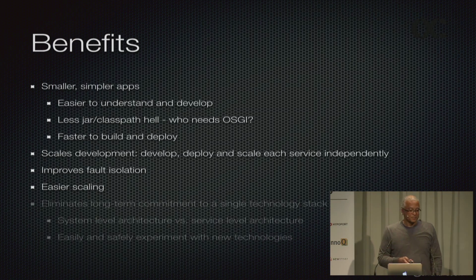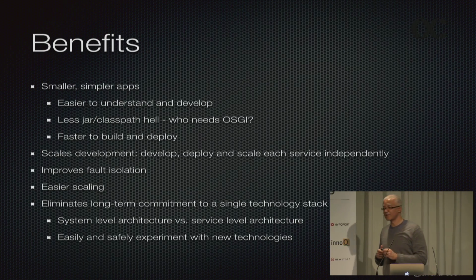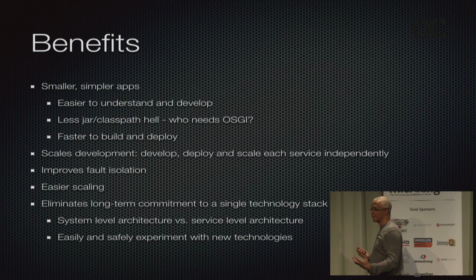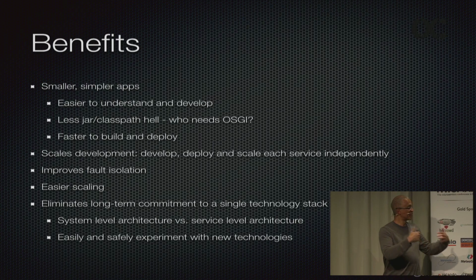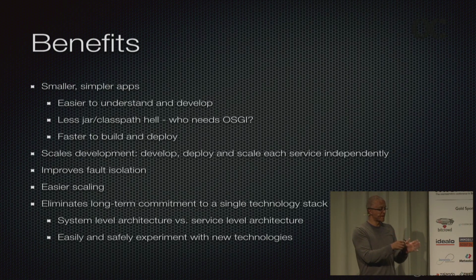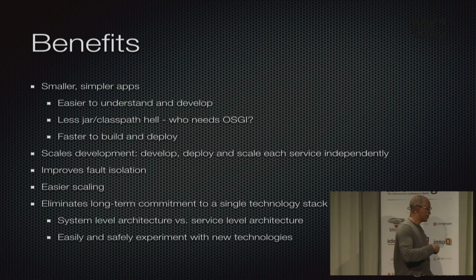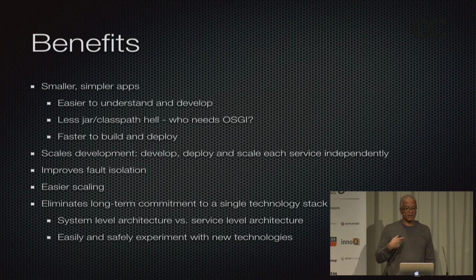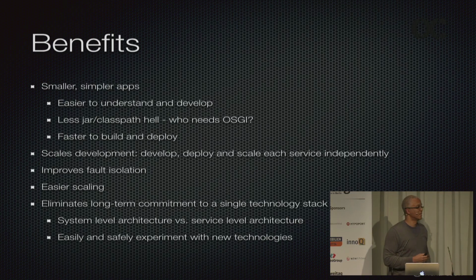Scaling is easier. Then it also eliminates any long-term commitment to a single technology stack, right? Whenever you start developing a new service, you're free to pick whatever technology seems the best fit for that particular service. Or if you're making changes to an existing service, you could throw it away and rewrite it from scratch using the latest new shiny technology.